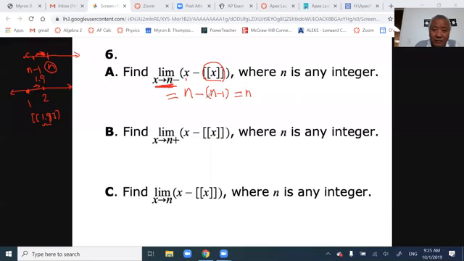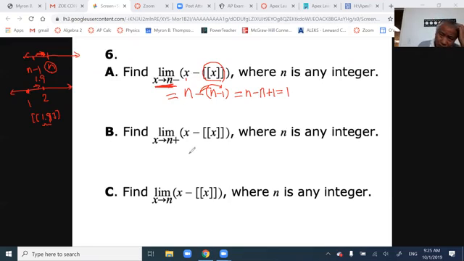You break down the parentheses: n minus 1, then n minus n, and then plus 1. So you get 1. This is the left limit.